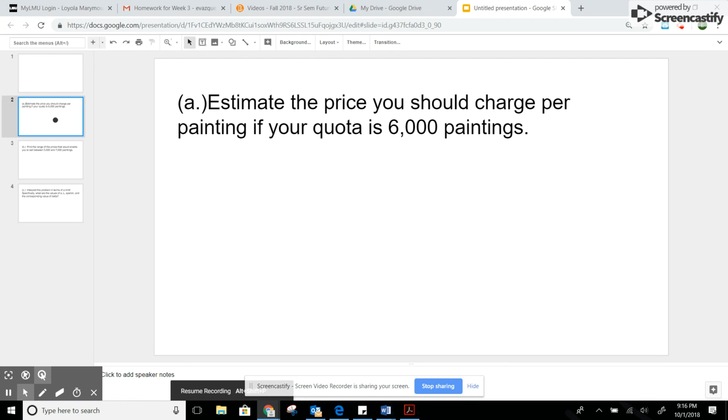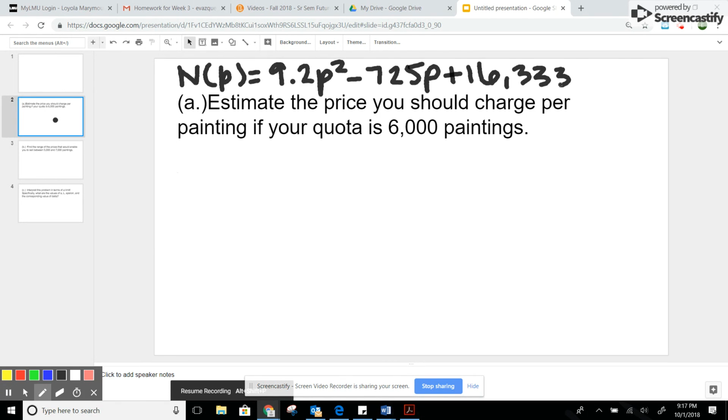Part A is asking, estimate the price you should charge per painting if your quota is 6,000 paintings. So I've rewritten the given equation above, and remember that N of P, N is representing the number of paintings. In this scenario, they're wanting you to see what the price would be for 6,000 paintings.